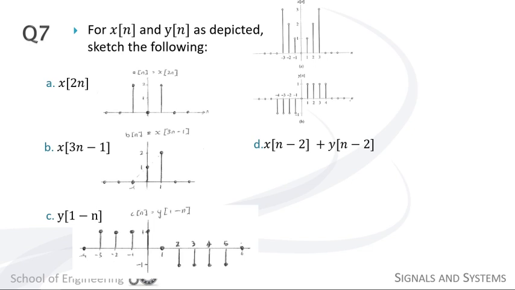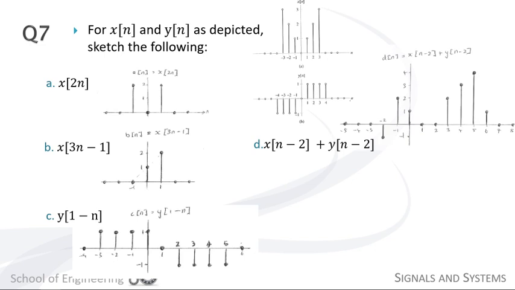What does that do? Yeah, shift it to the right by 2. What are you doing to y? Same, shift it to the right by 2, and then we add them up. So essentially, what was at minus 2 will be at 0, and then we're just adding up the two signals and shifting them, or shifting them and adding them up. Comes to the same thing.